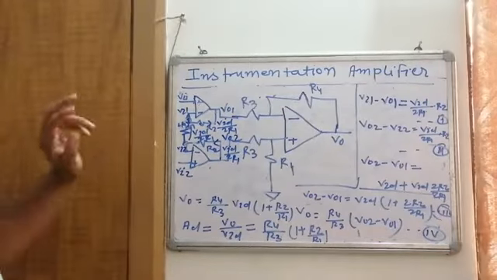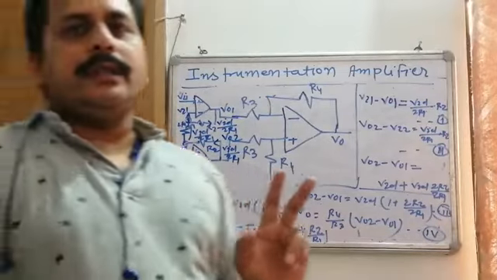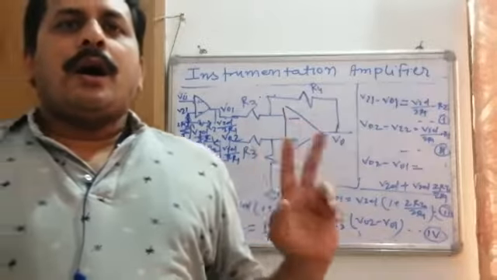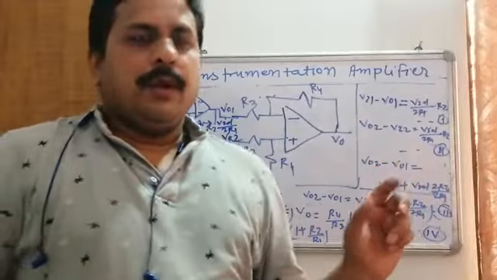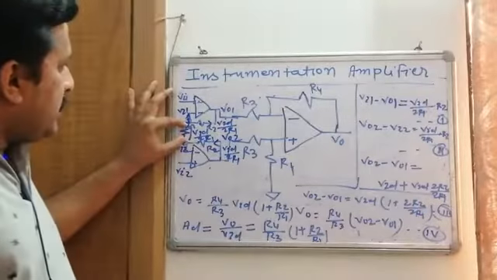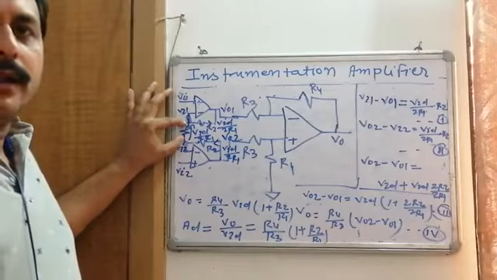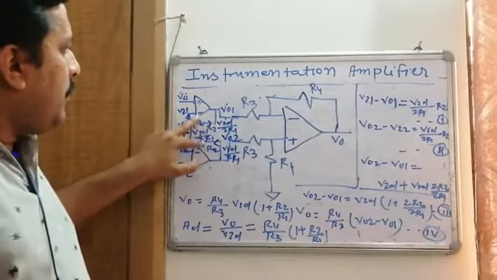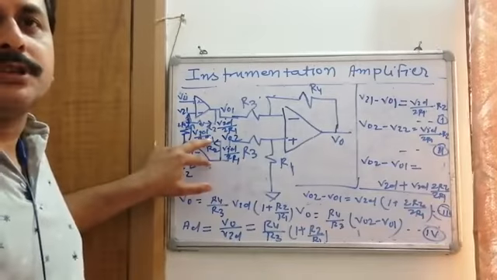So look here, there is no need to increase resistances R2 and R1 by the same amount. Here if the resistance R1 increases by some amount, the same amount of current will flow in these two resistors.